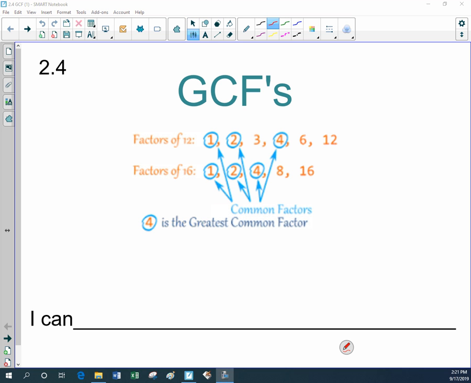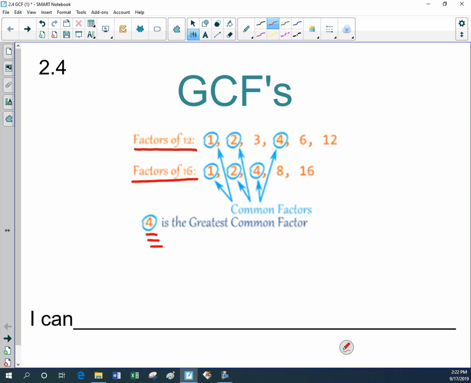Okay, today's lesson is Unit 2, Day 4, Greatest Common Factors. On the first screen here, you can see the example where we have factors of 12 listed, factors of 16, and you can see down below it says 4 is the greatest common factor.